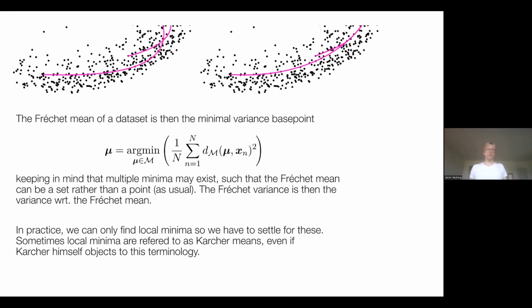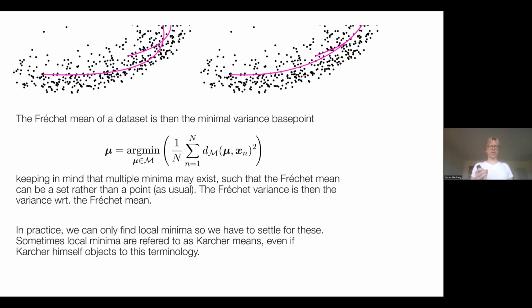As you can guess, the way you would compute this in practice is that you would write up your variance function, compute a gradient of that and just minimize. That would give you a local minimum of this variance function. These local minima are often called Karcher means, because Karcher and Grove studied this back in the 70s.